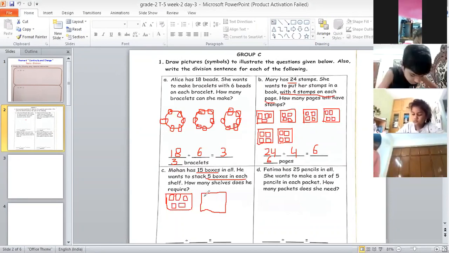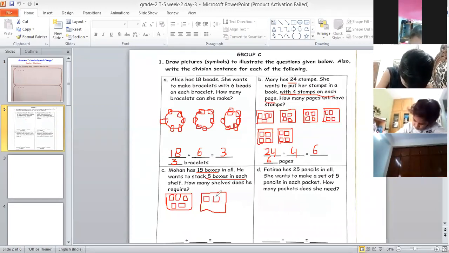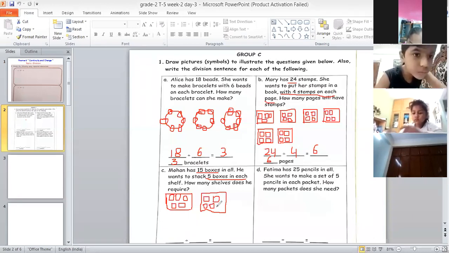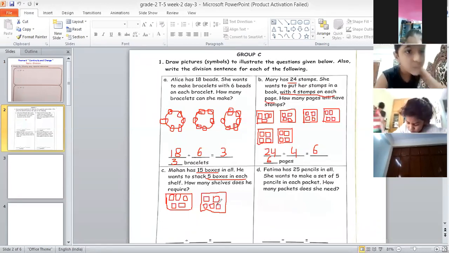Now let us make 5 boxes in another shelf. 1, 2, 3, 4, and 5.